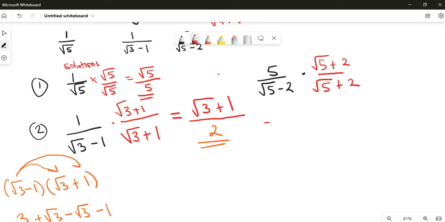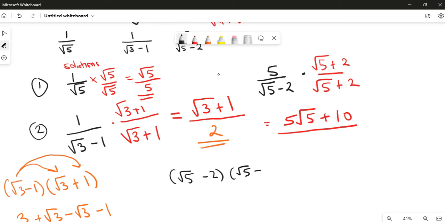So 5 times the square root of 5 gives us 5 root 5, plus 5 times 2, that is 10. And in our denominator, let's do our operation this side. The square root of 5 minus 2 times the square root of 5 plus 2.